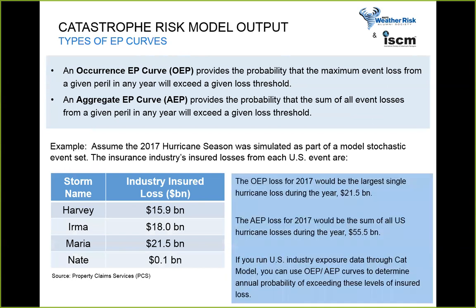Well, for the OEP curve, we're only concerned about the largest single loss during the year. So for the United States, the OEP event from 2017 currently is Hurricane Maria with losses of $21.5 billion. The AEP loss for this year, if it was a modeled year, would be the sum of all U.S. hurricane losses, which here is 55.5.